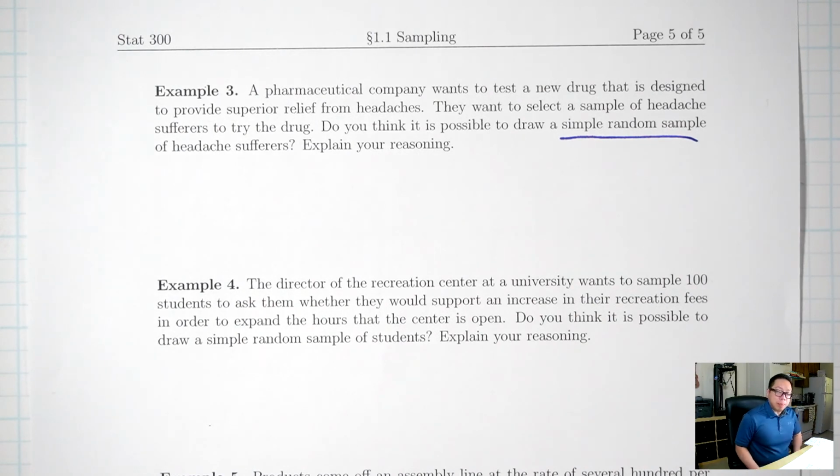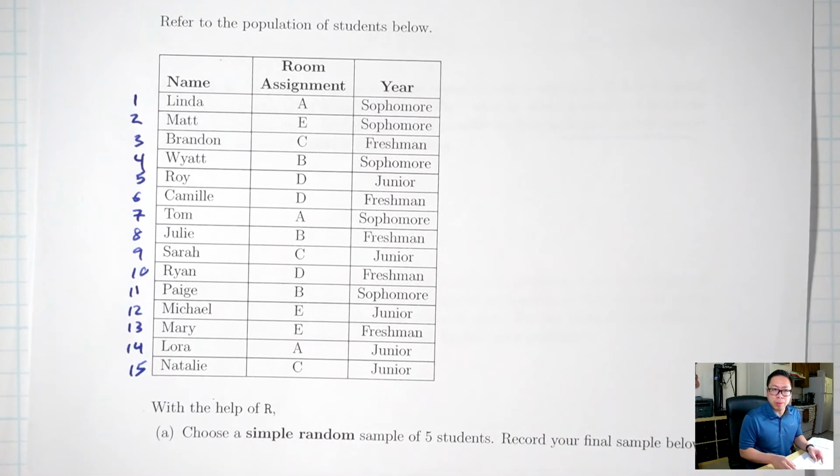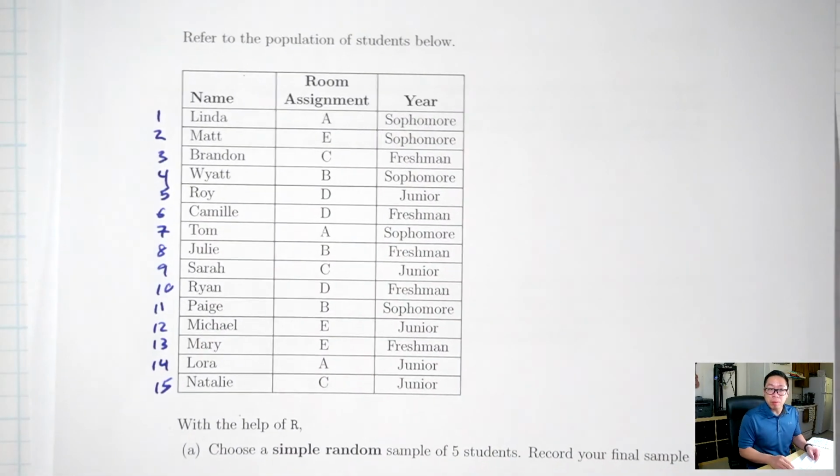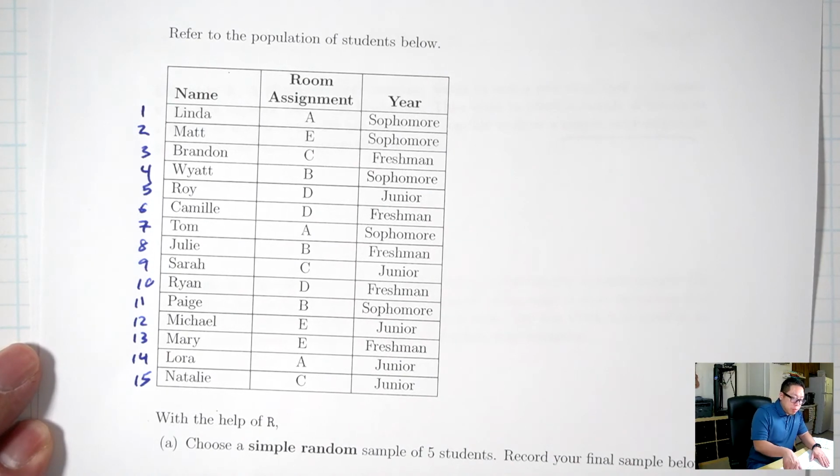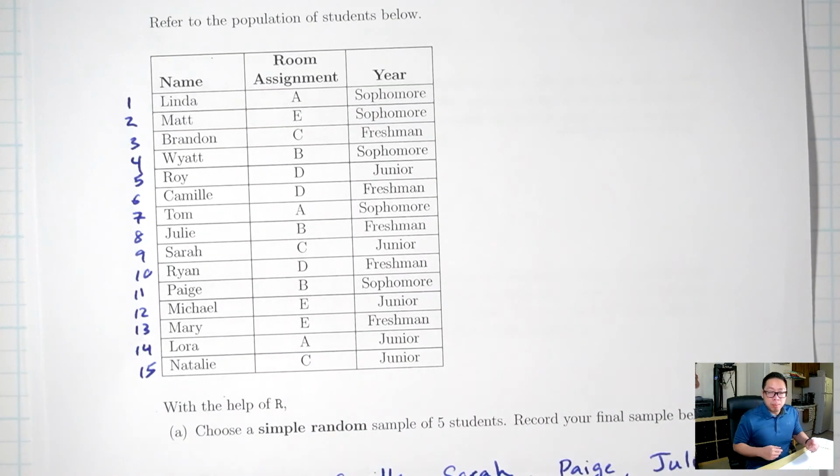All right. If we think back on what a simple random sample is, let's go back to the example with the student population, where we did a simple random sample. I said the two typical ways you do a simple random sample is you take everybody's name, put it into a box or a hat, shake it up, and then pick out the people.